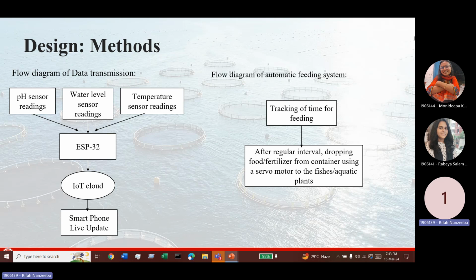And we have implemented an automatic feeding system that will keep track of time to feed the plants or fishes. So after a regular interval, the container that holds food or fertilizer will drop the food or fertilizer into the main pond using a servo motor.